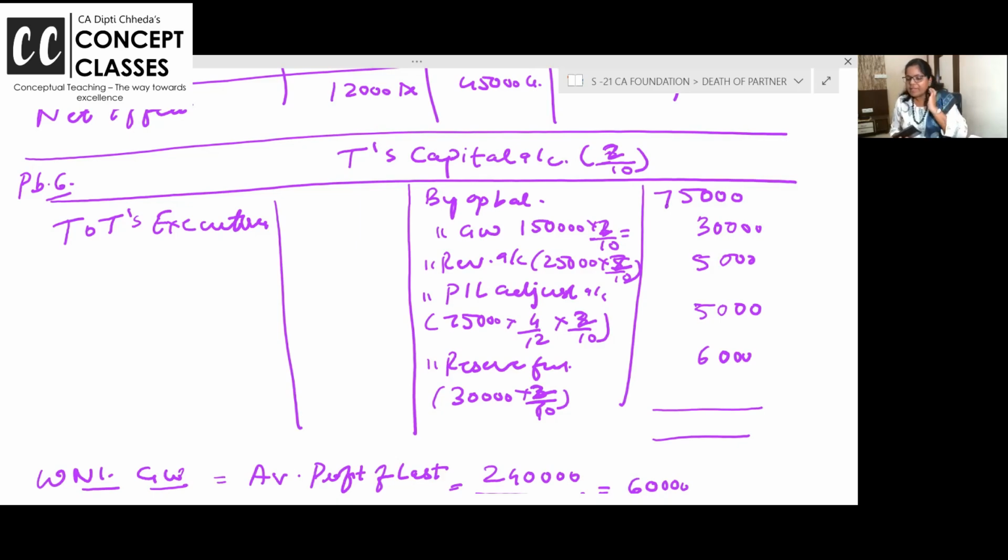Have we given him everything? 1,21,000 you have to pay to his executors.